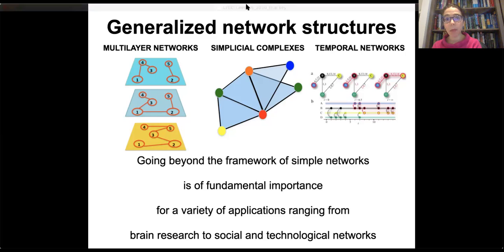Simplicial complexes and hypergraphs are instead higher-order networks, where the interaction is not exclusively pairwise, but can include 3-body and 4-body interactions. And temporal networks are networks in which the links have a timestamp. So the link can appear and disappear in time.